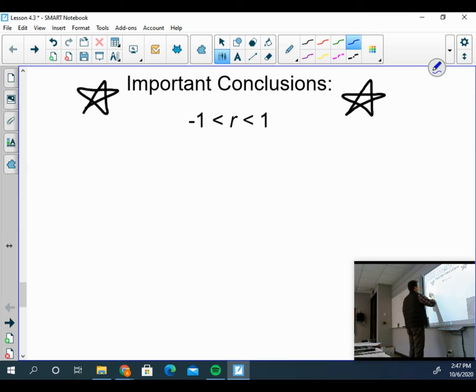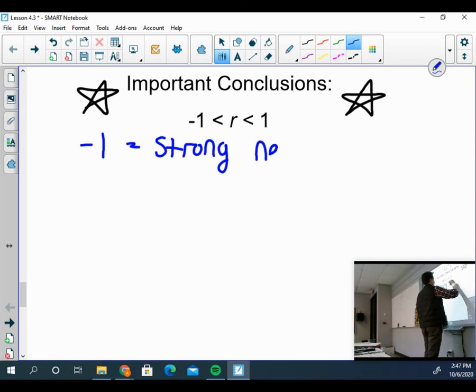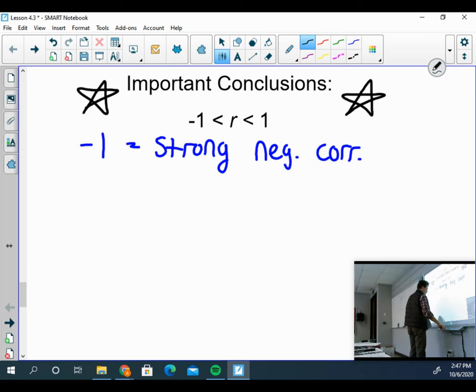Any number close to -1 is going to be a strong negative correlation. Consequently, if we get a bunch of positives in that formula, it's going to shake out to a +1.